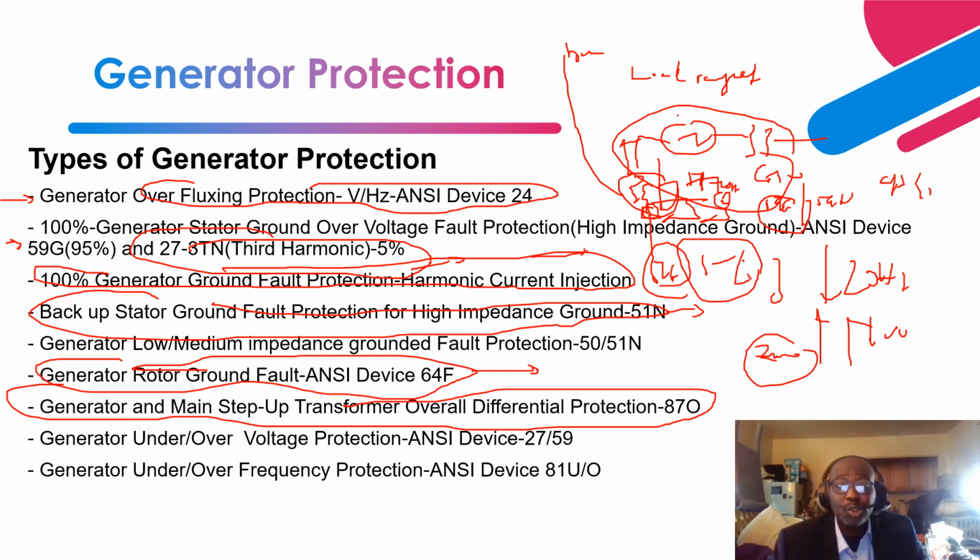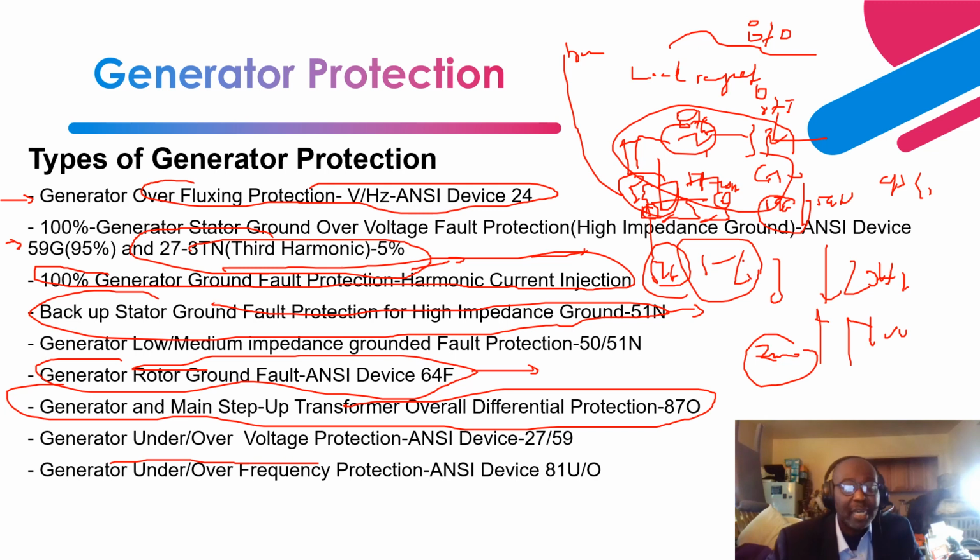You should have an 87G that provides a differential scheme for the generator, then an 87T that provides a differential scheme for the power transformer. So this 87 overall provides an overall protection scheme for both the generator and the step-up transformer. That's what this protection element does.